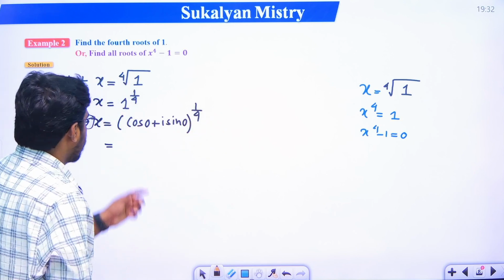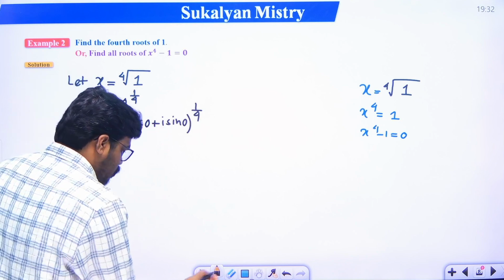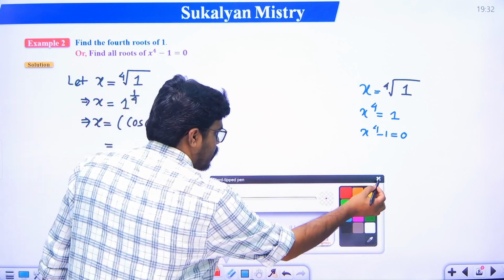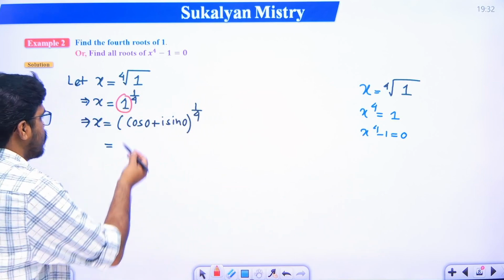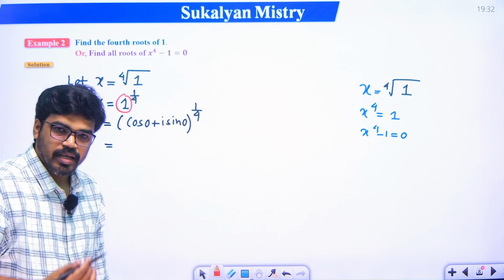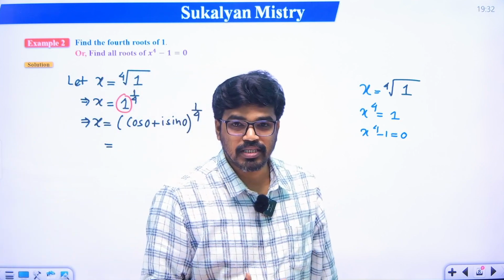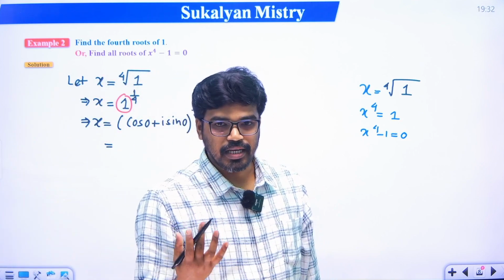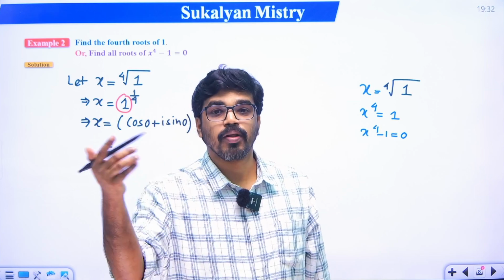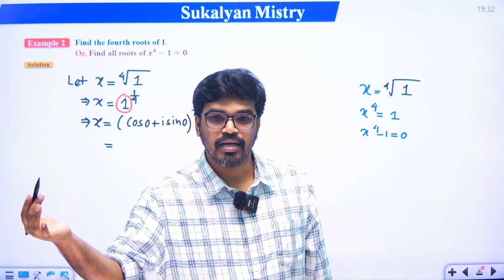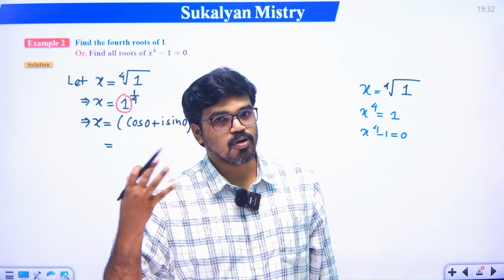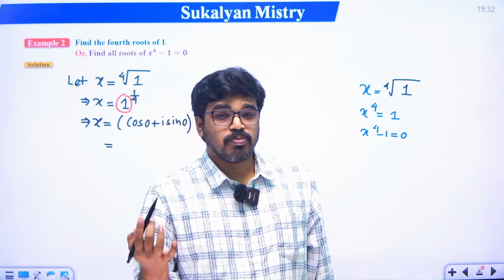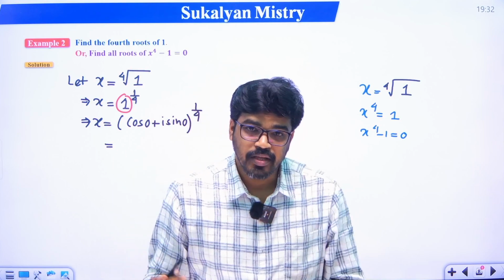First step, convert to a complex number. Sir, it is a real number. Every real number can be expressed as a complex number. Right? 1 can be expressed as 1 plus 0 into i. An expression of the form a plus ib, where i is equal to root over minus 1, is called a complex number.